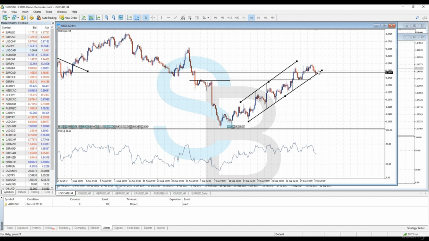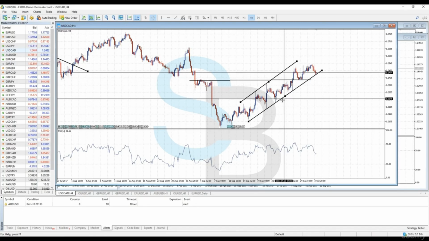It might have been consolidating heading into the report, and then once the report was released, it caused a breakout to the downside, so it broke below this rising support, and then it might fall down to another level where we might see some sort of support.